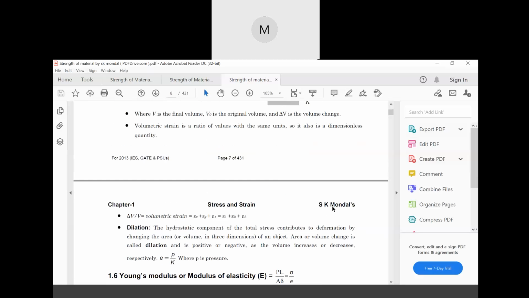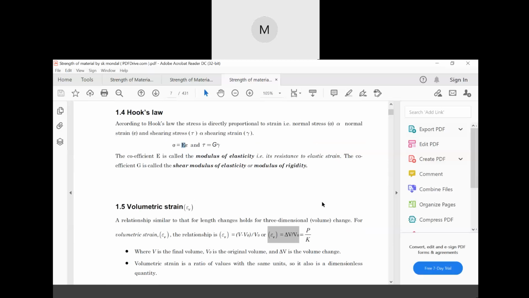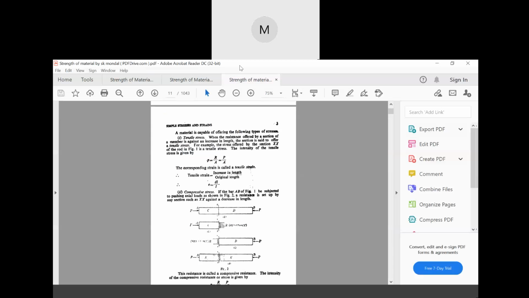Now, if you see here in Hooke's law, the stress is directly proportional to strain, then this proportional limit, that is Young's modulus, comes into play.